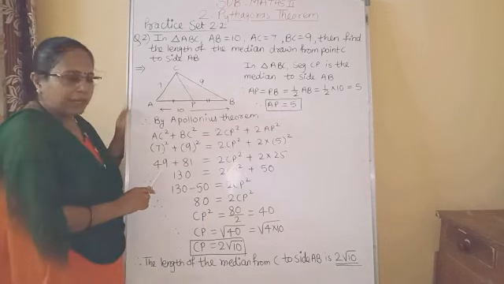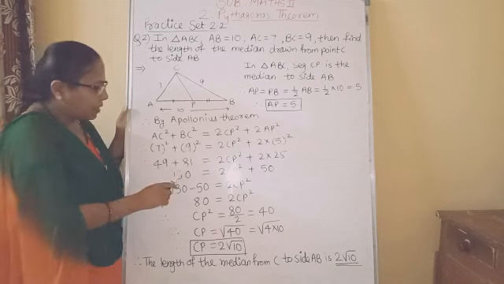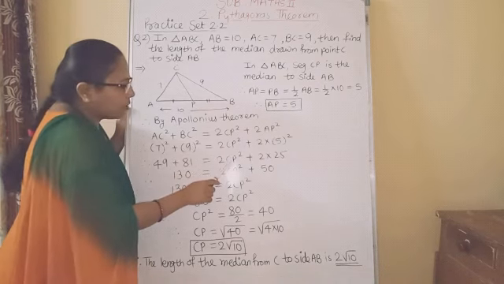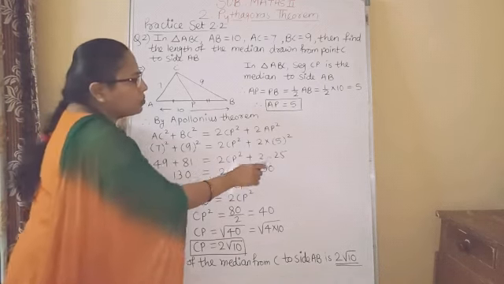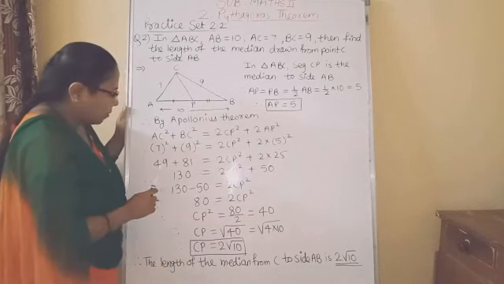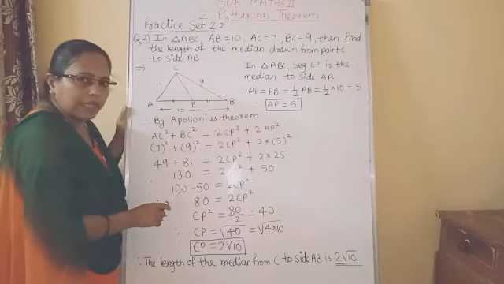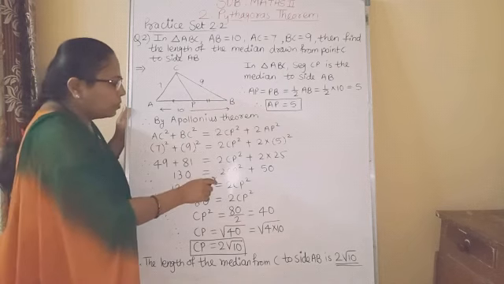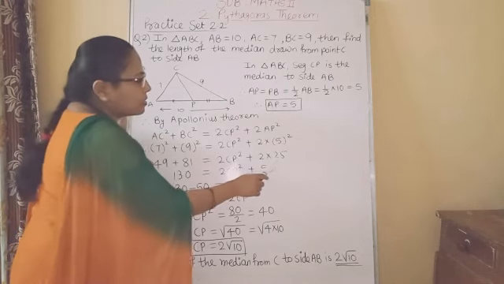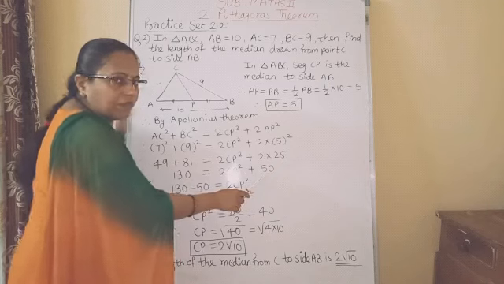So make squares. 49 plus 81 equal to 2CP square plus 2 into 25. 49 plus 81, 130 equal to 2CP square plus 50.